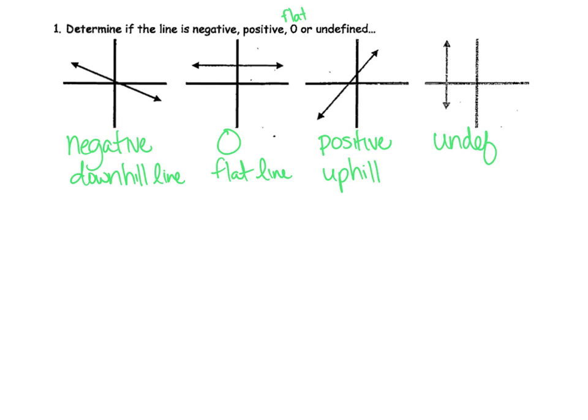Undefined. And just so you know, it's going to be when you have a number, like your slope is 6 over 0. If 0 is under, it's undefined. All right?